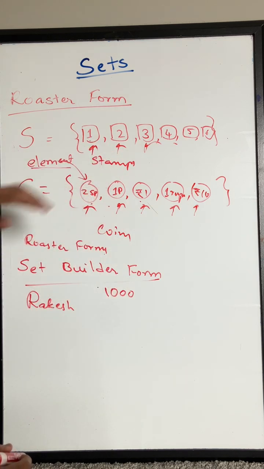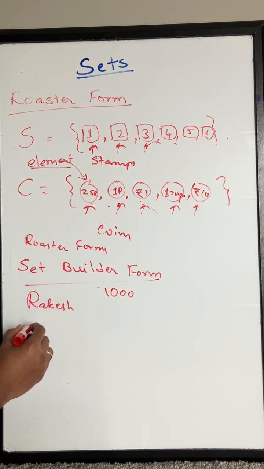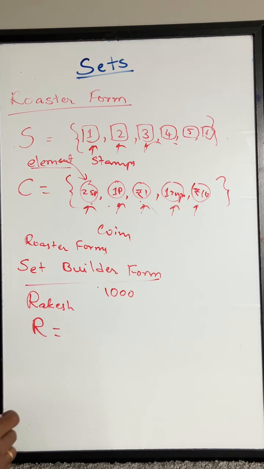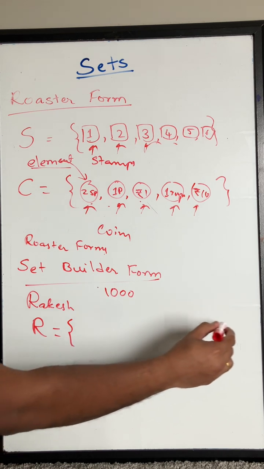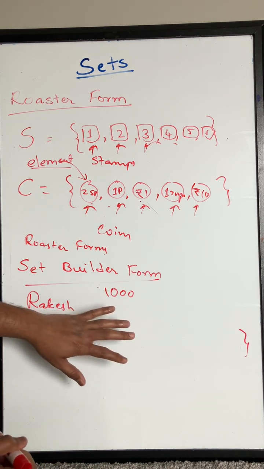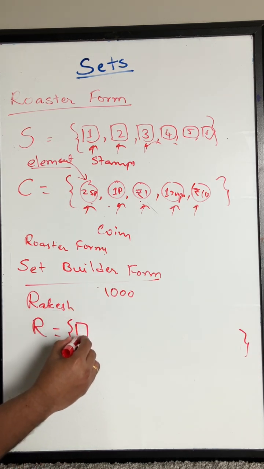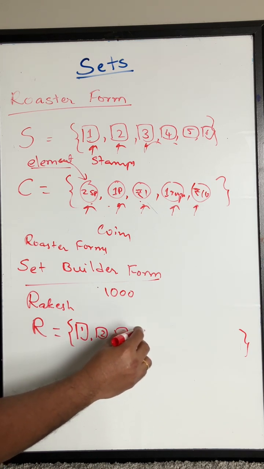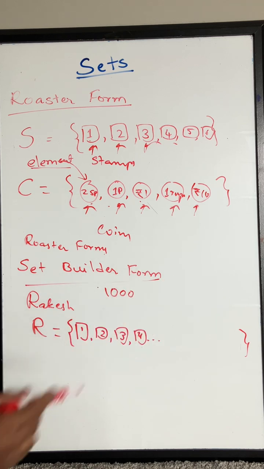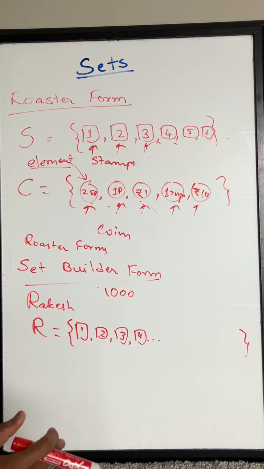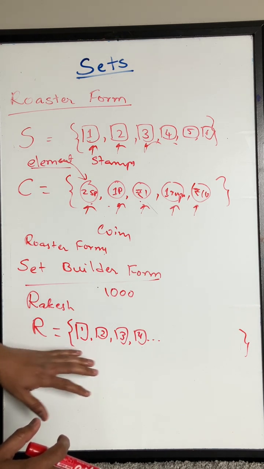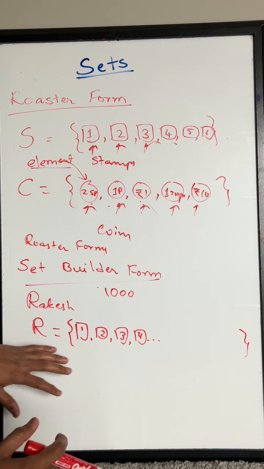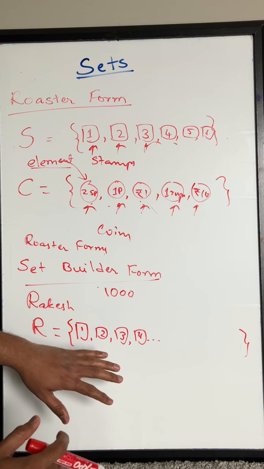If you want to write his collection of stamps in roster form, let's denote it with R. We have to write 1, 2, 3, 4, all the way up to 1,000. We would need a notebook to write only Rakesh's collection of stamps. All these elements will be so lengthy, right?